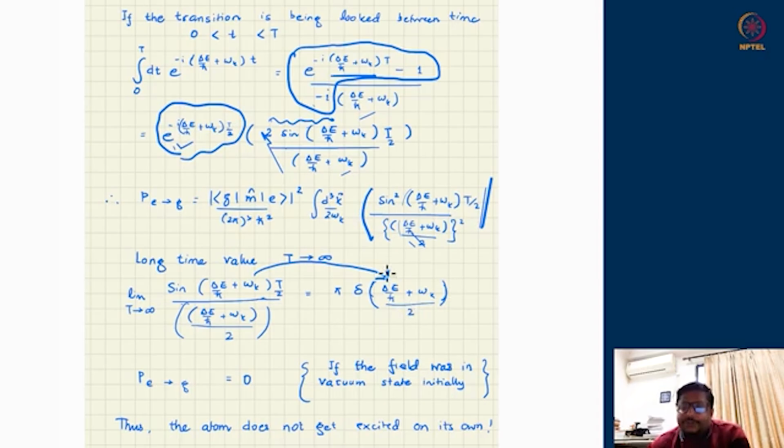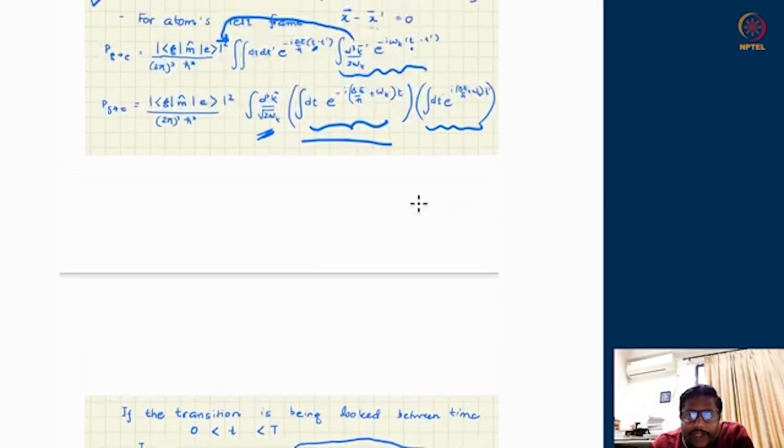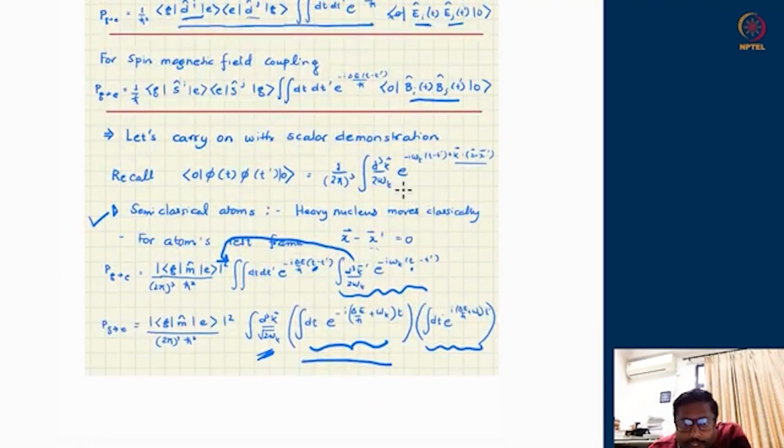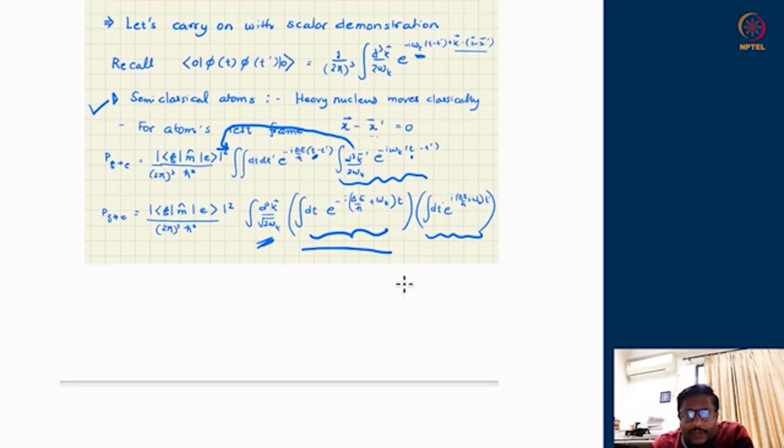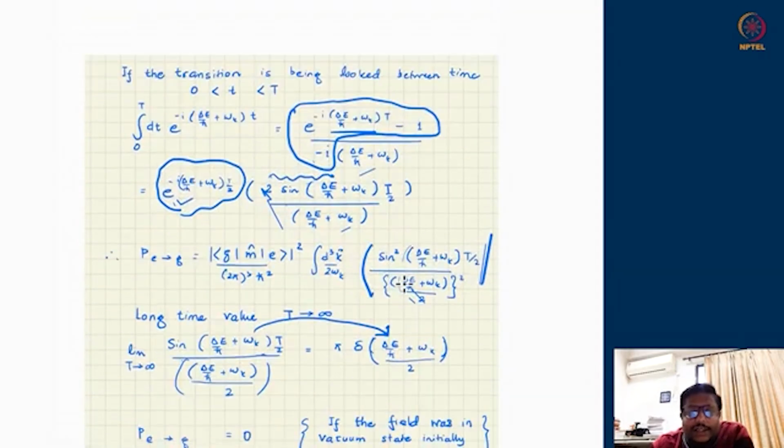However, look at the expression which is inside the argument of the delta function. Delta E upon h bar is the transition gap of the atom. Omega k came from the field mode. Remember when we were writing down the 2-point function, the omega k appeared here for the first time. And this omega k was running. It will take different values corresponding to different k's. So this omega k is a continuously running value, but it is positive.